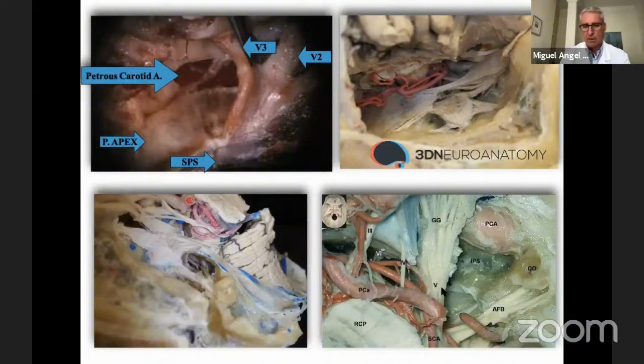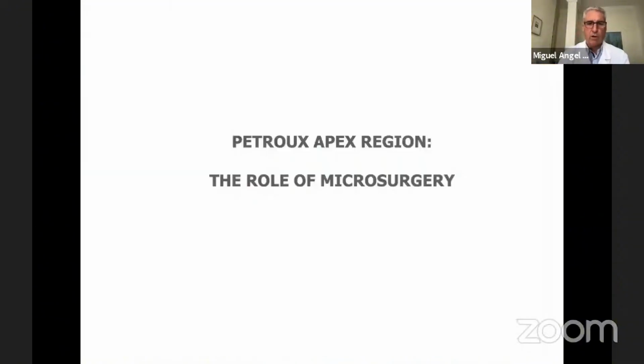This is the intracisternal segment, the content of the internal auditory canal, and this is the fourth nerve, the sixth nerve. In summary, we are not only talking about the Petrous apex, the Petrous bone, but also about the Petrous apex area that is, to my knowledge, very, very complex.